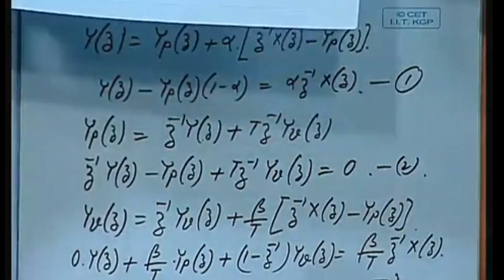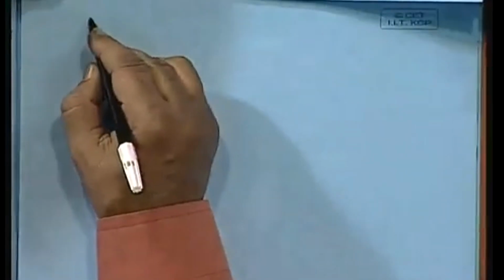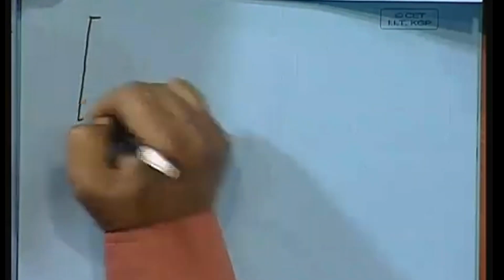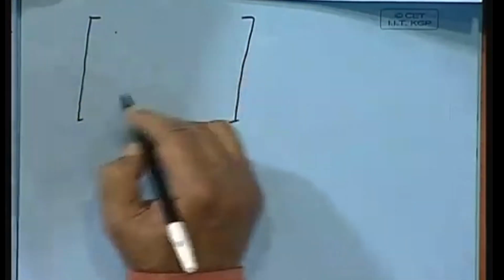This is equation 3. I have tried to arrange the three equations in such a way that you can write a very simple form, a matrix equation. I would request you to fill up the blanks.